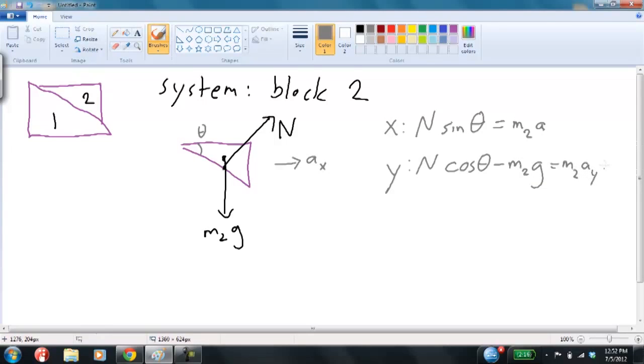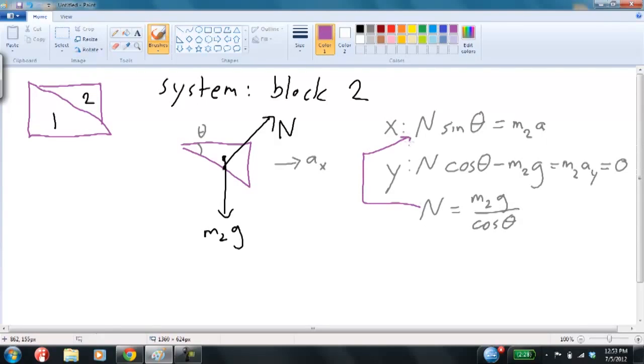And what's the y acceleration of block 2? This is 0, because we're trying to find where it stays on, right? So this is equal to 0. So right away, that expression there says N equals m2g divided by cosine theta.